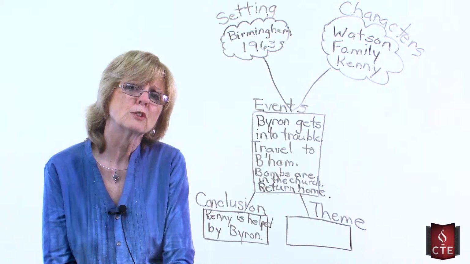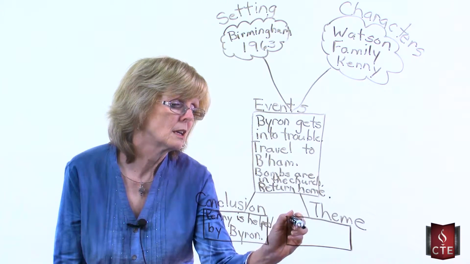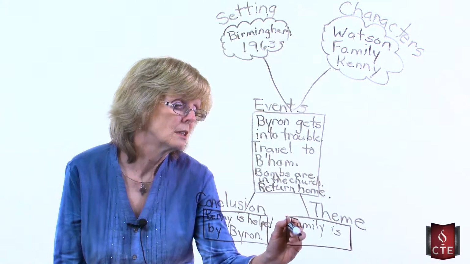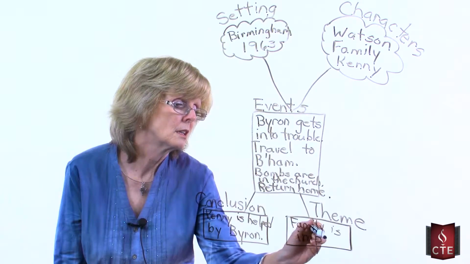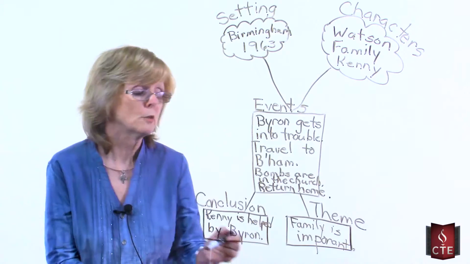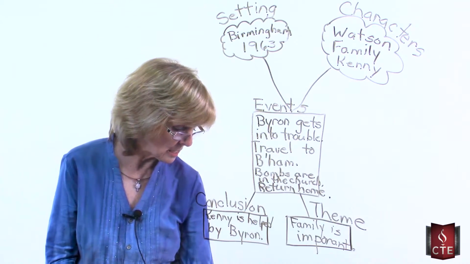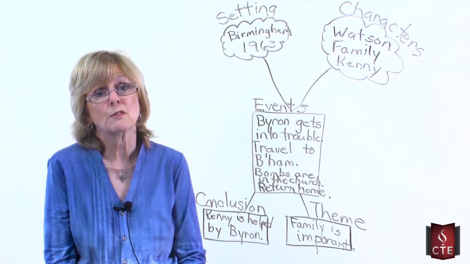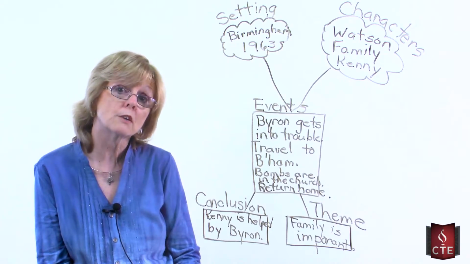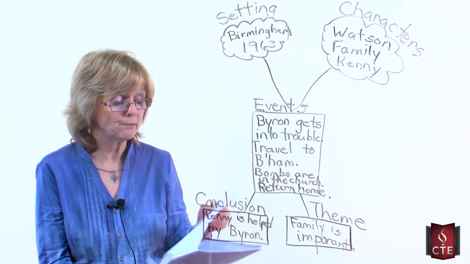Lots of different ways that you could address this particular theme, but family is important would be one thing that they would come away from this story with. So that would be a during reading activity to help them see the different components of the story and make a visual that would help them as well.